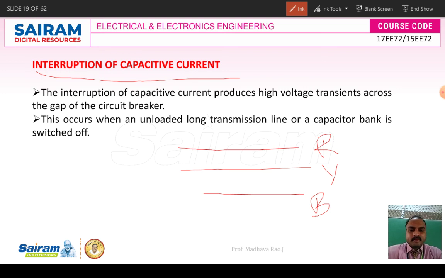A long transmission line generally carries high voltage.